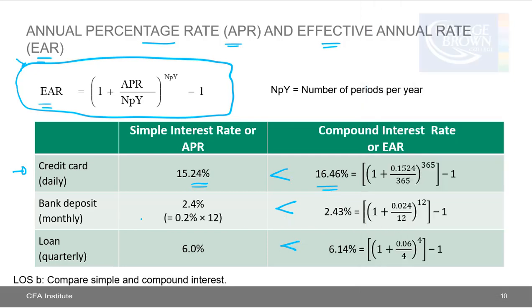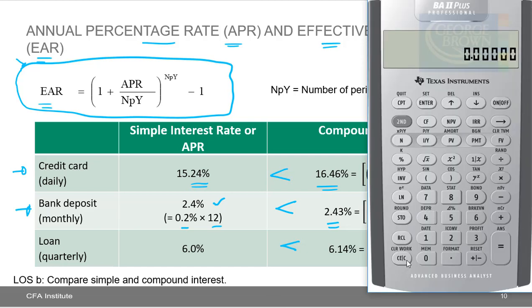Okay, so the next example is a bank deposit. And the APR is 2.4% monthly, which would be 0.2% times the 12 months. So the effective annual rate would be 2.43%. Okay, so again, bringing up the calculator, in my numerator, 0.024, we're going to divide by monthly, 12.